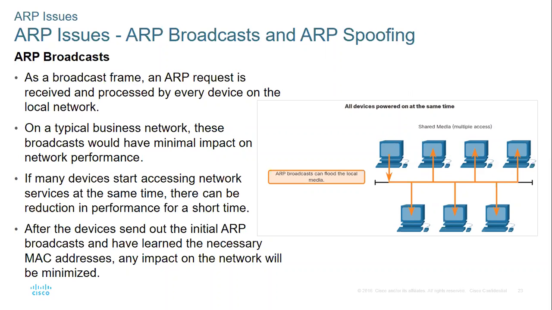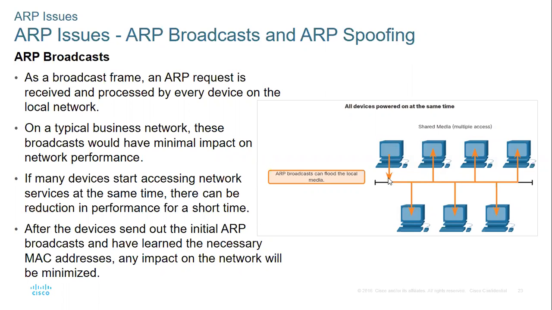So we are going to have a situation where more than one device will send a broadcast. More than one. Okay? So that is going to consume the bandwidth, and of course, it is going to make the network slower.